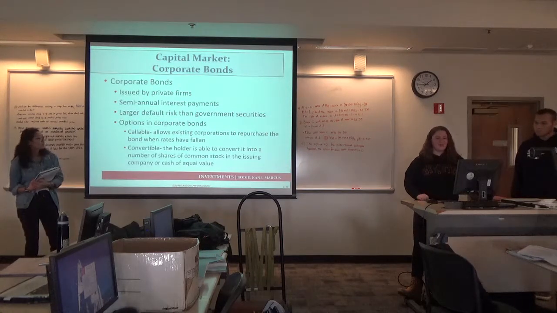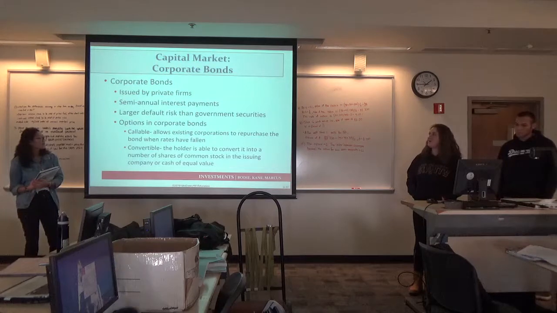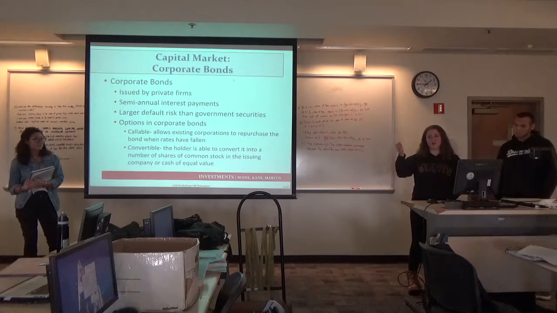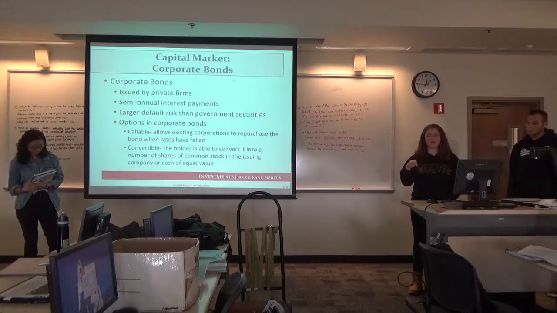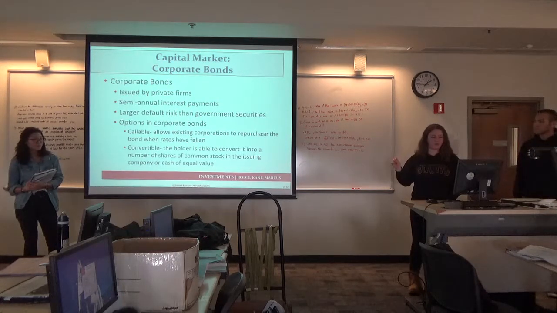Okay. And then the last part that we wanted to talk about was corporate bonds. These are issued by private firms, and they also have semi-annual interest payments, as the last ones that we were talking about did, so they are similar in that regard. There is a larger risk than government-issued bonds and securities, and there are options.